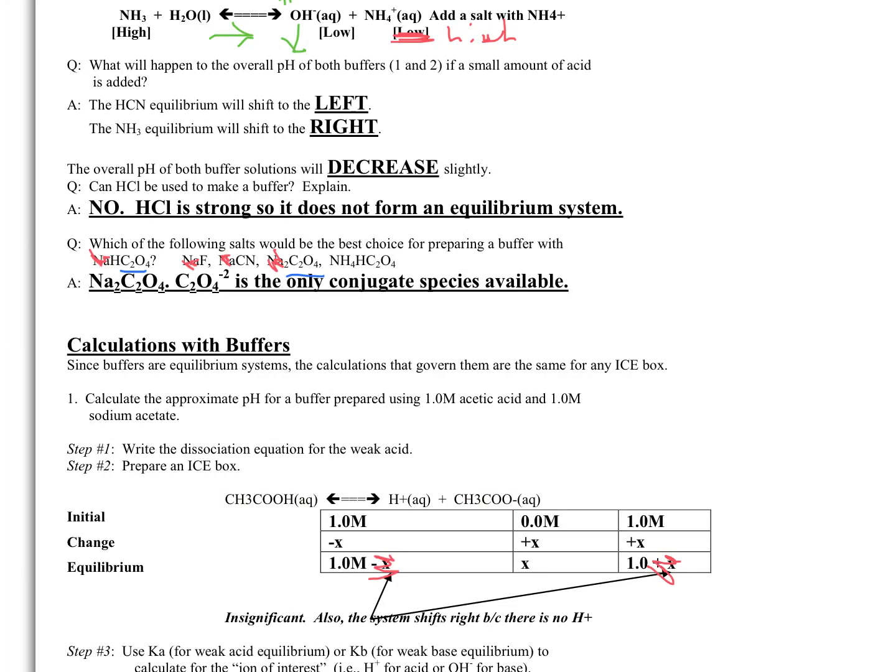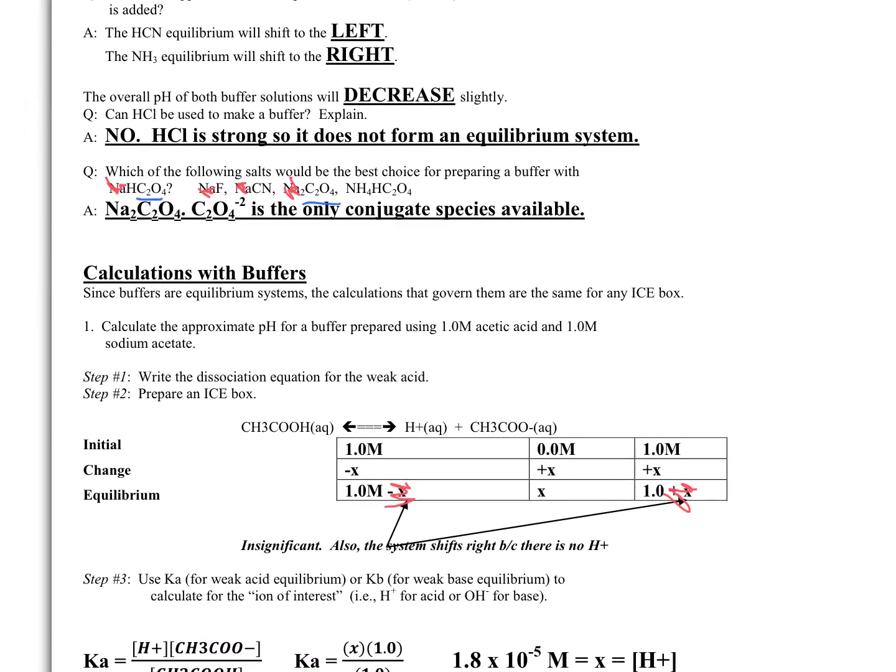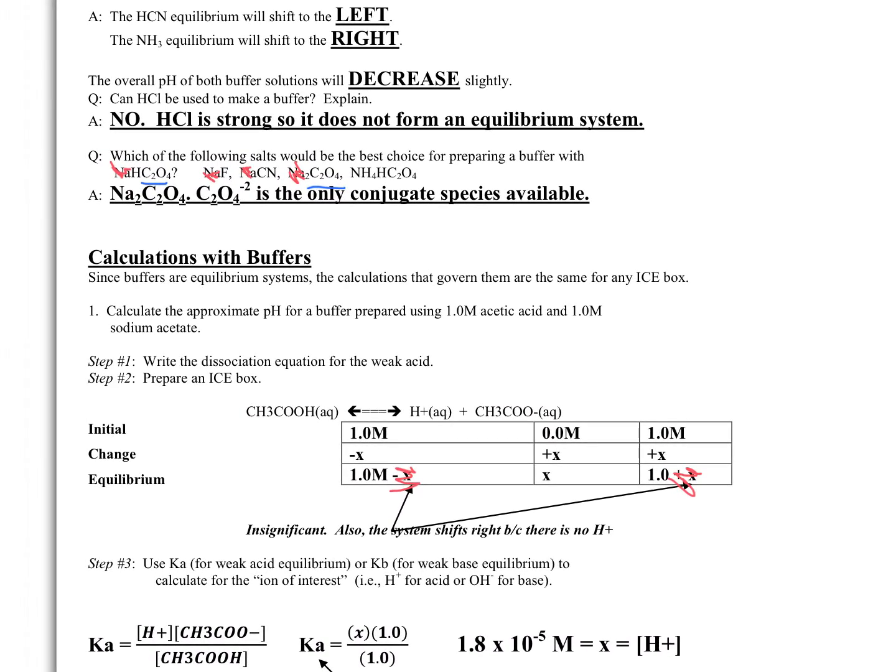So you would say overall, the change in concentration is insignificant compared to the original concentrations of our weak acid and its conjugate salt. When you plug these numbers into your Ka, you get the following. X times 1 over 1. Plug in your Ka, you solve for X, and you have your hydrogen concentration.